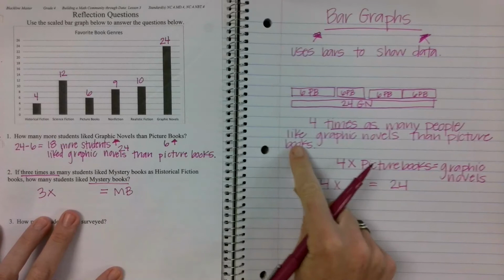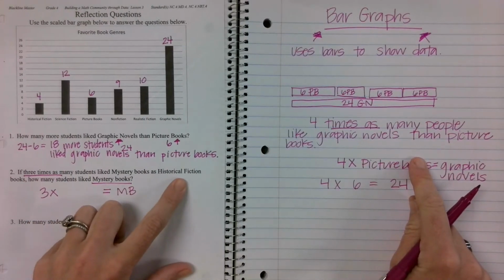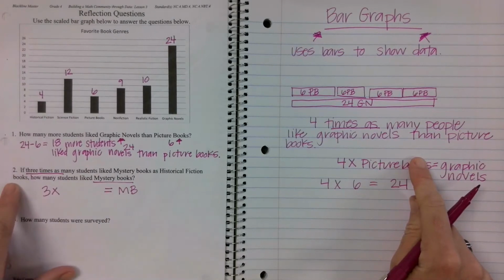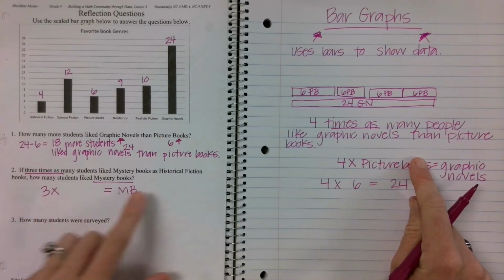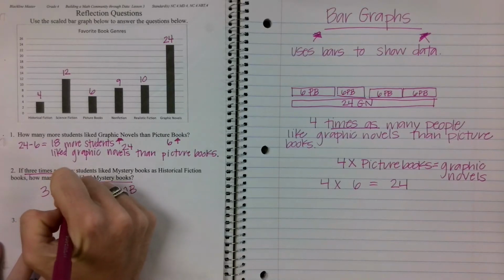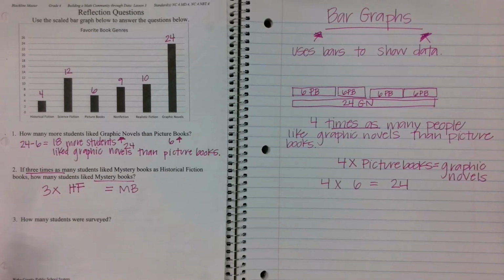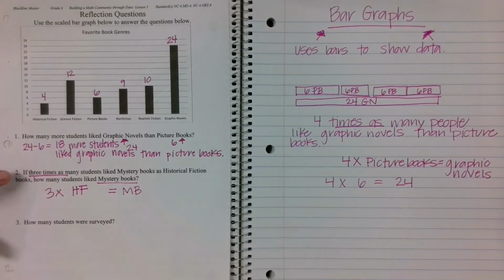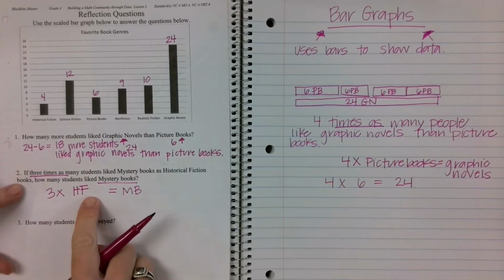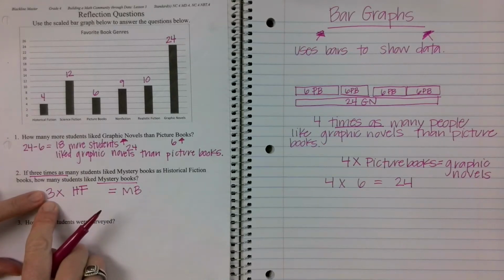And it says than picture books. Here it says as historical fiction, but we could probably say than historical fiction. They probably just are using correct grammar. So I'm going to put HF here. Okay, I know this is a tricky problem, but we're going to get it. So 3 times as many students like mystery books as historical fiction.